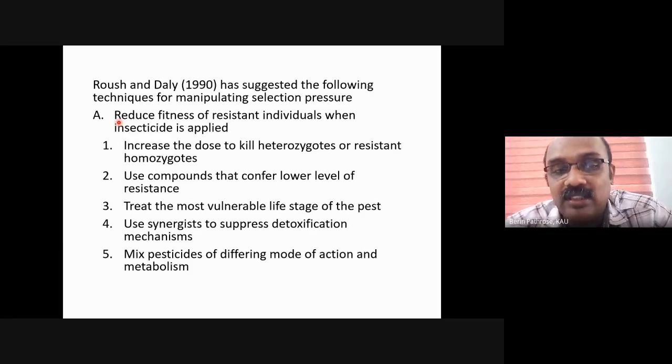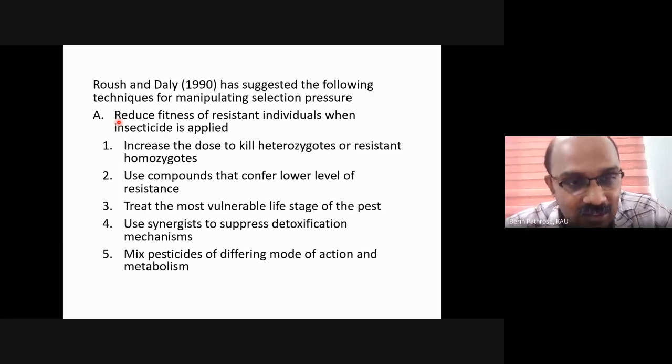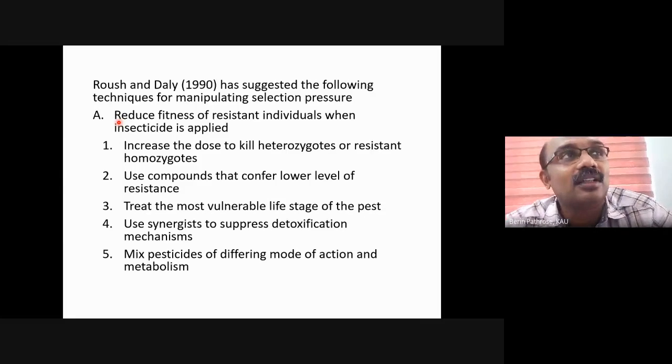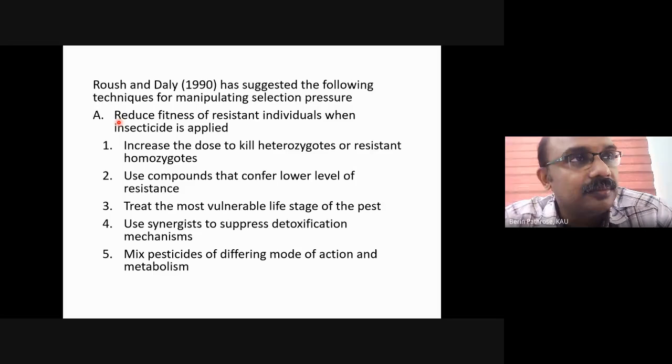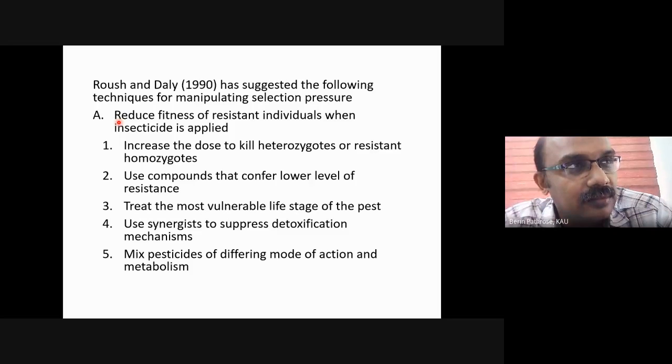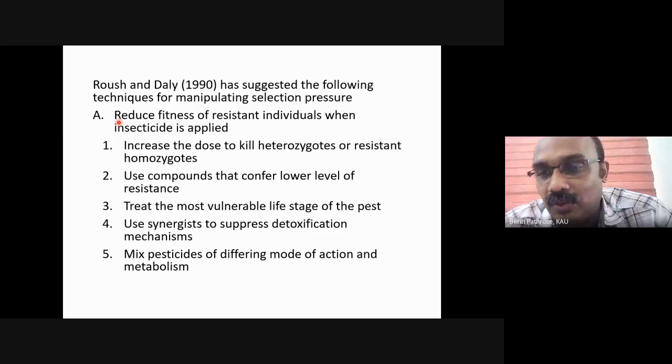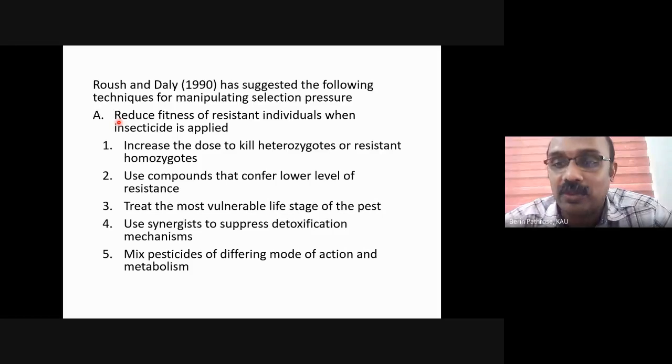Then, as Bindu suggested, we can go for the use of synergists. Synergists will suppress the enzyme. So, if it is esterases, there is one particular synergist, piperonyl butoxide, PBO.